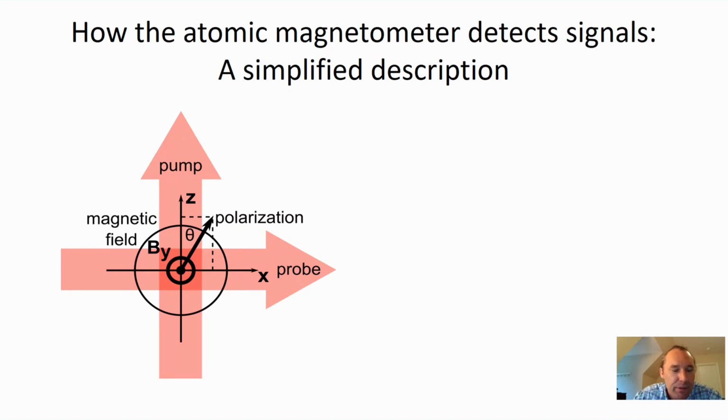What that does is that the probe that is linearly polarized will just propagate straight through the rubidium cell without being rotated. But now let's turn on a small Y field, a small magnetic field in the Y direction, which is in or out of the paper plane, or your screen plane rather.